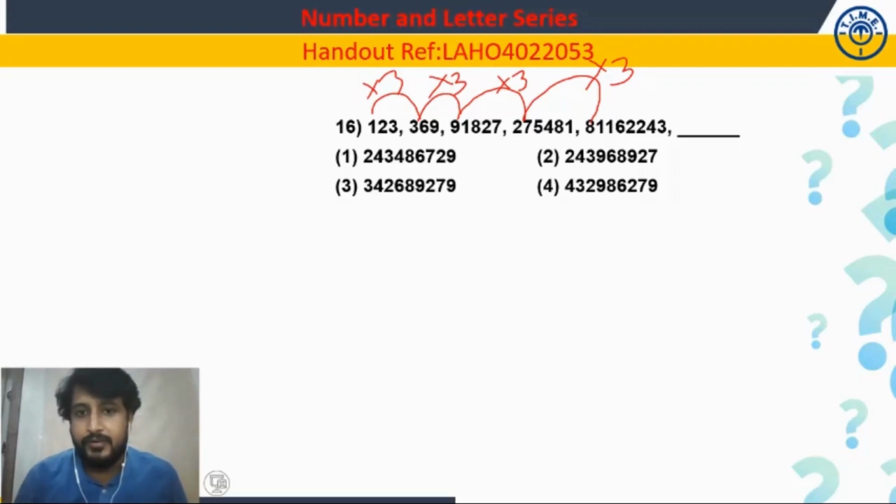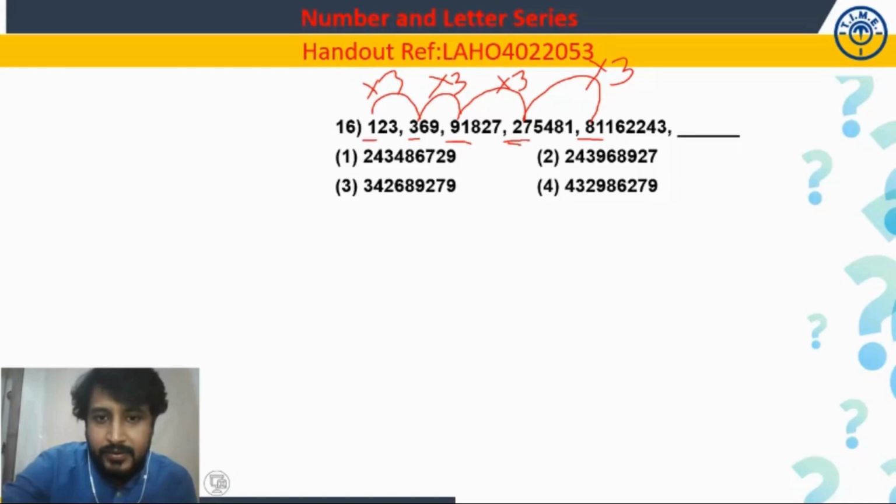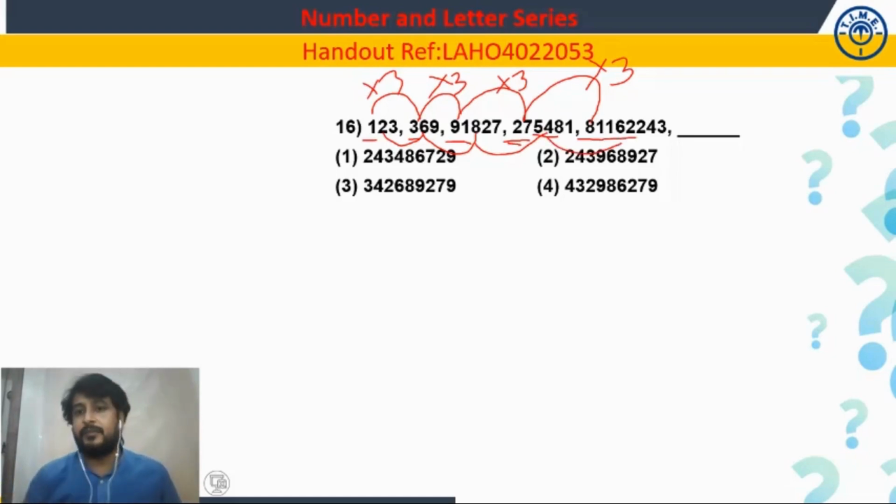Okay, fine. Now let us look at the second elements. 2, 6, again into 3. 6, 18, again into 3. 2 threes are 6, 6 threes are 18, 18 threes are 54, perfectly matching. 54 threes are 162, again perfectly matching. Again the logic is into 3.